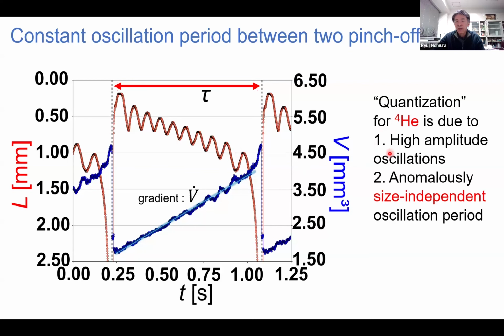And this is one thing important for the quantization of the dripping period. The second thing is the anomalously size-independent oscillation. This is just a constant as a function of time, independent of the volume of the droplet. And these two things are important for the quantization of the dripping period.